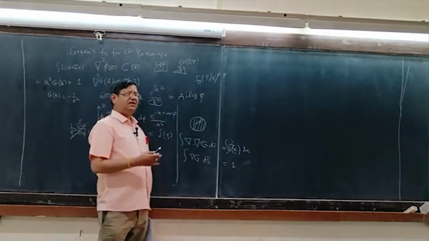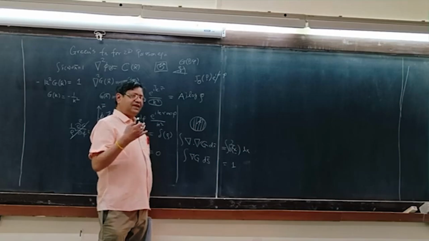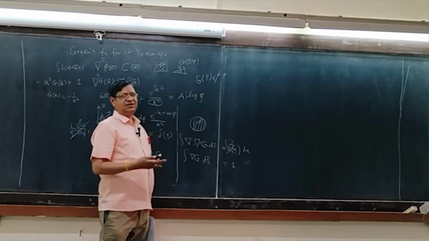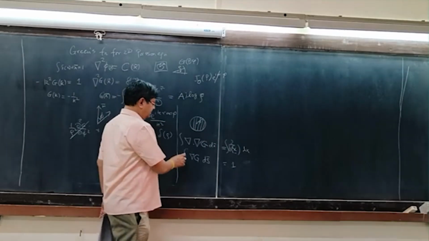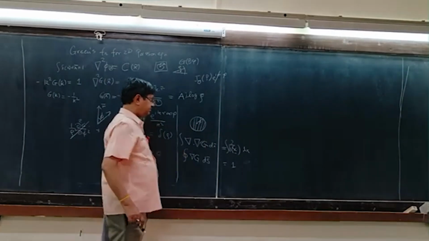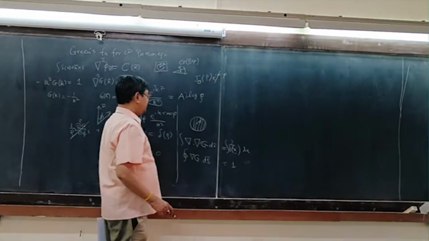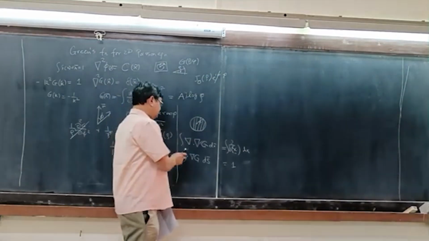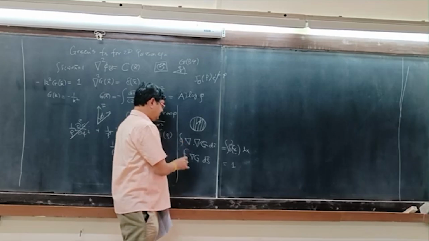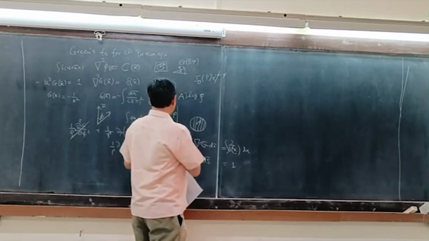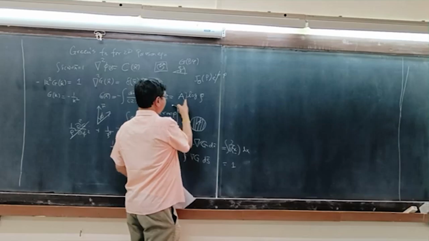Gauss theorem, no? The volume integral of divergence equals the vector field dot ds over the whole area. This is a closed volume.